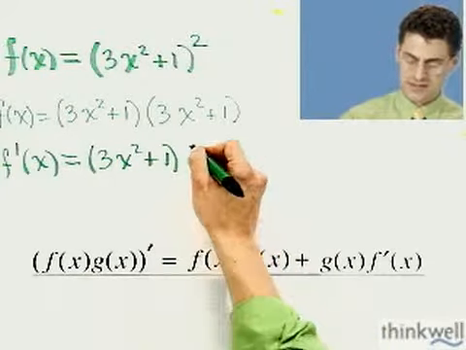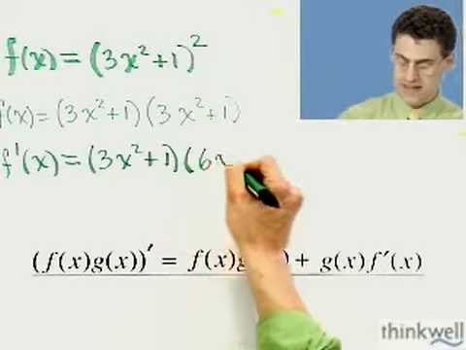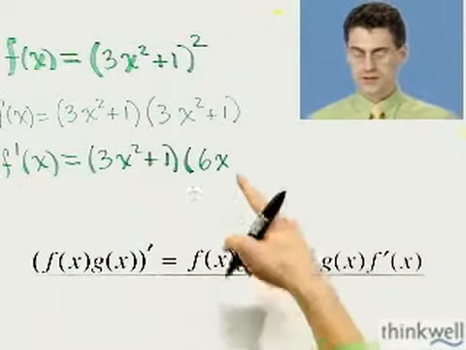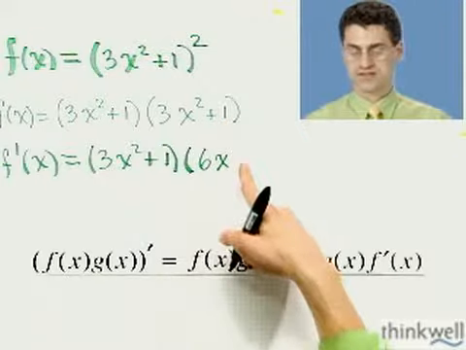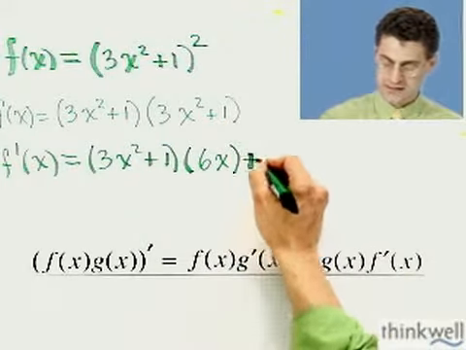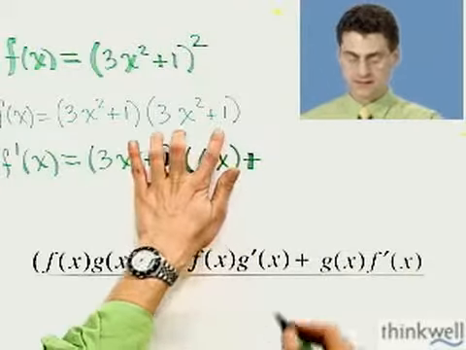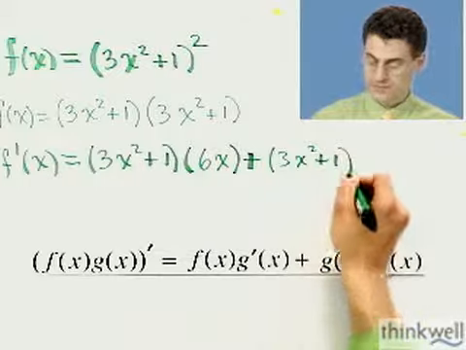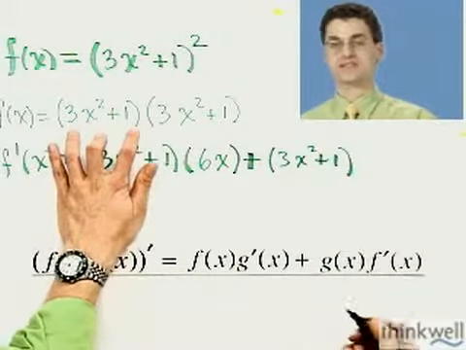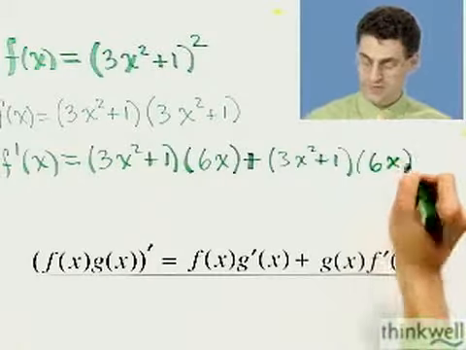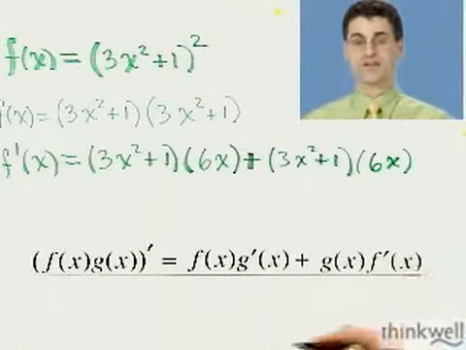And the derivative of this, 2 times 3 is 6x to the 2 minus 1 is 1, plus, and the derivative of a constant is 0, so I'm not going to write that in. And then plus the second, which is 3x squared plus 1, times the derivative of the first. Well, that's the same as we just did before. So it's 6x plus 0. And there we get the answer.